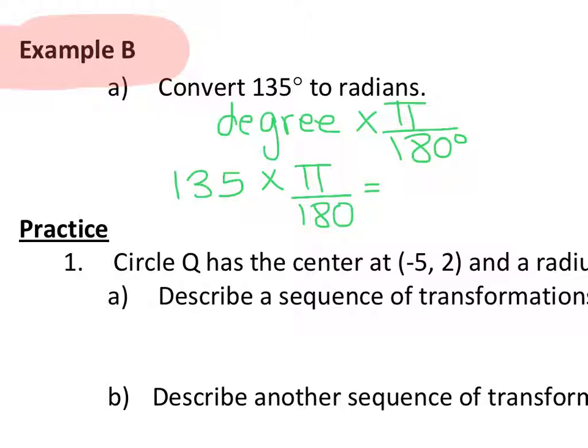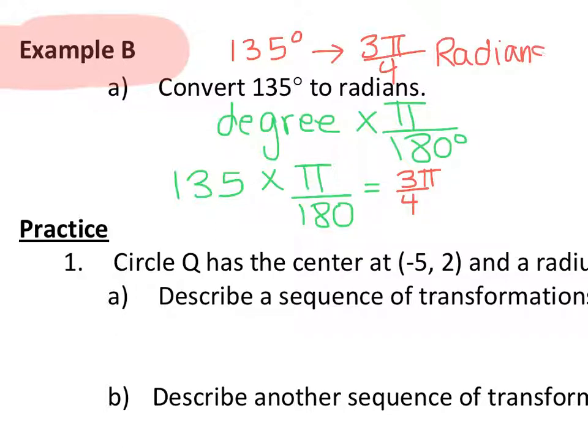Now, if you use the calculator and divide 135 by 180, you will get 0.75. Then you click on Math, enter, and then the fraction will be 3 over 4, so the answer is going to be 3 over 4 pi, or 3 pi over 4. So 135 degrees is equal to 3 pi over 4 radians. That's how you change from degrees to radians.